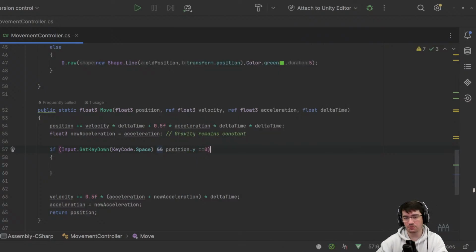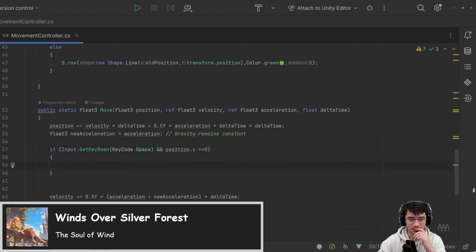So basically, yeah, that's my kind of grounded state. That's a basic interpretation of it.